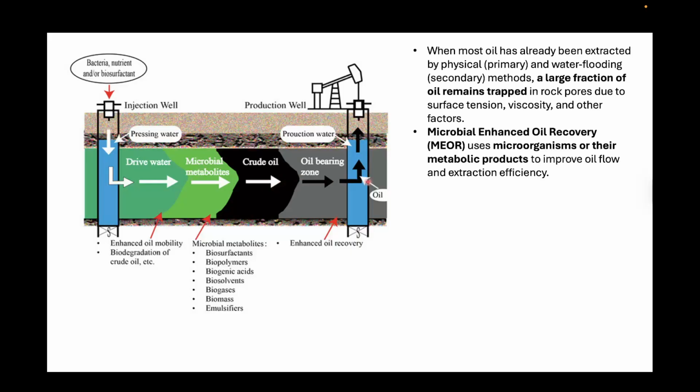Then the crude oil is pushed towards the production well, which is then extracted in enhanced oil recovery. When most oil has already been extracted by physical and water flooding methods, a large fraction of the oil remains trapped in rock pores due to surface tension, viscosity and other factors. So microbial enhanced oil recovery uses microbes to improve oil flow and extraction efficiency by overcoming these physical and chemical barriers like surface tension and viscosity.